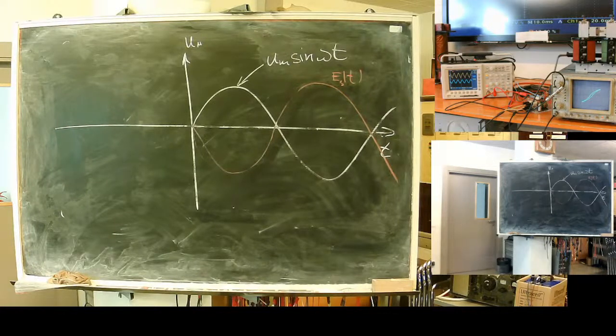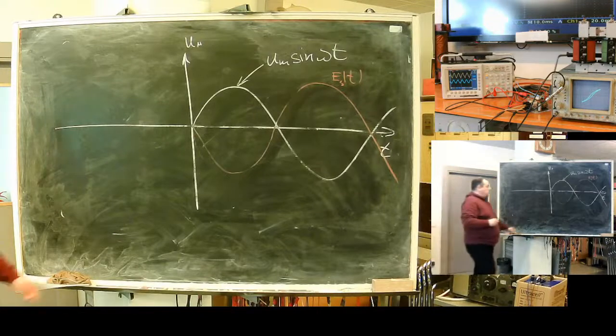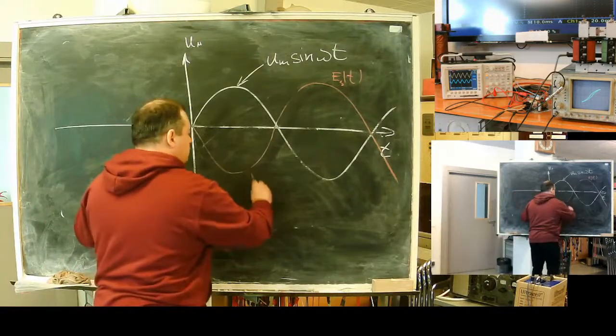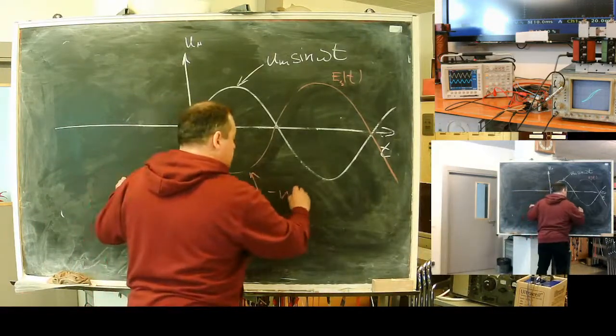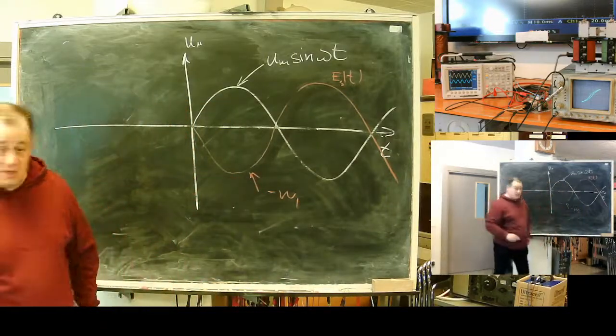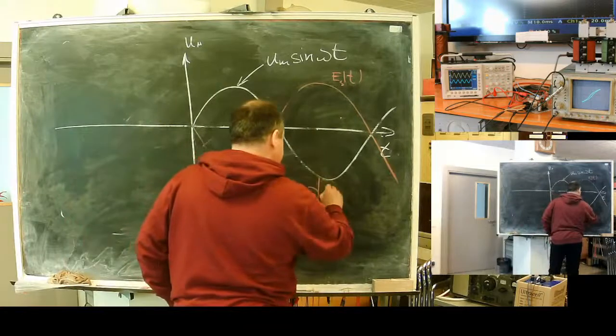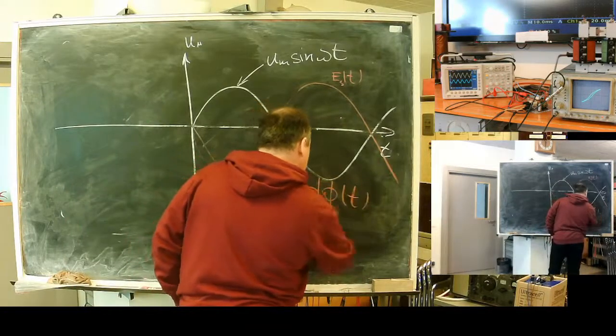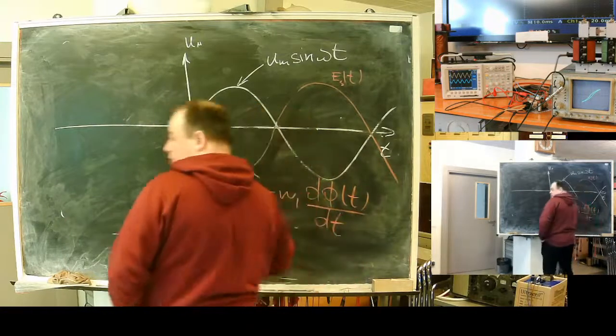They are in equilibrium. But what do we know about this? It is minus the number of turns in the primary winding and the first derivative of the flux.